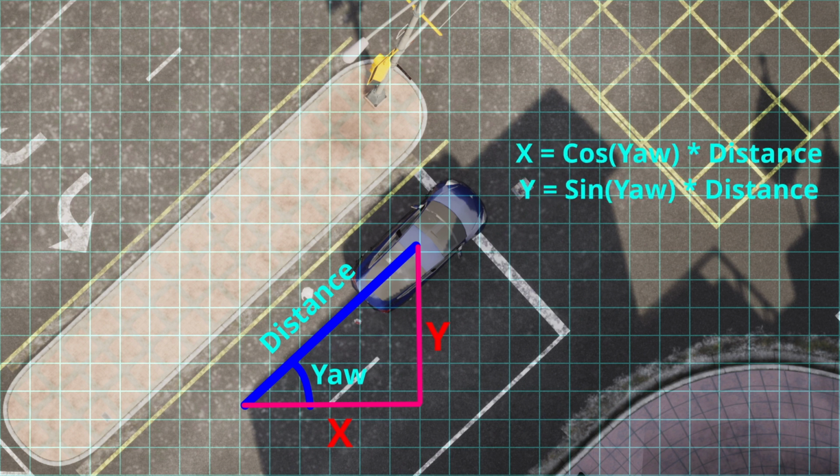We essentially need to multiply our hypotenuse by either cosine or sine to get those sides. It's very easy maths from here, okay? The only minor tweak left is just to convert our yaw degrees into radians, because that's when they become ratios that you could use directly, okay? So this is how we get our new function. We essentially pass the distance and the angle to it, and we get x and y deltas back, okay?